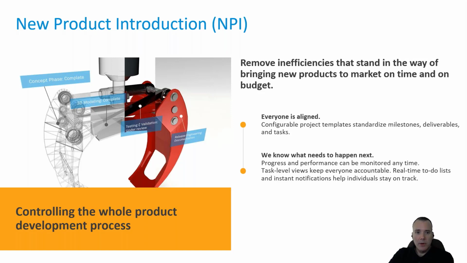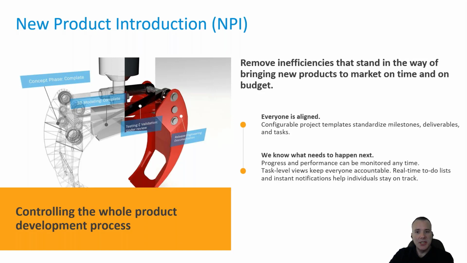But let's start with NPI, new product introduction, right? So how you go from a concept to a delivered product. Every company does it a little bit differently, and everybody has a different term for it. New product development, R&D.